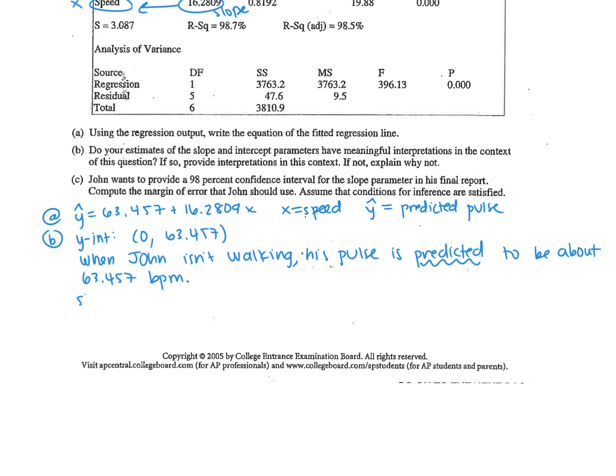And then our slope. Our slope is that 16.2809. That is the change in y over change in x. So I like to write it as 16.2809 over 1. So when x increases by 1, y is predicted to increase by 16.2809.